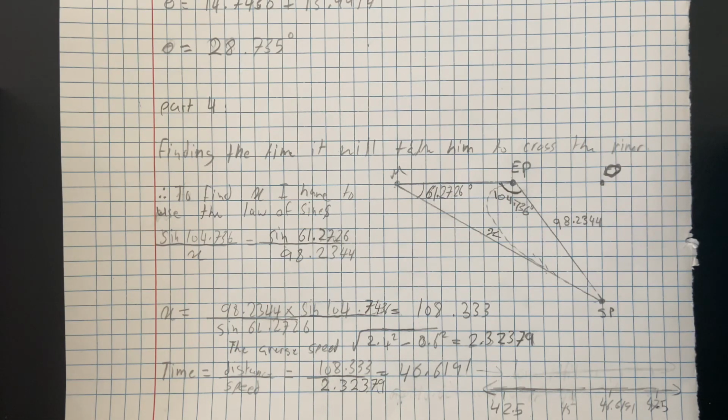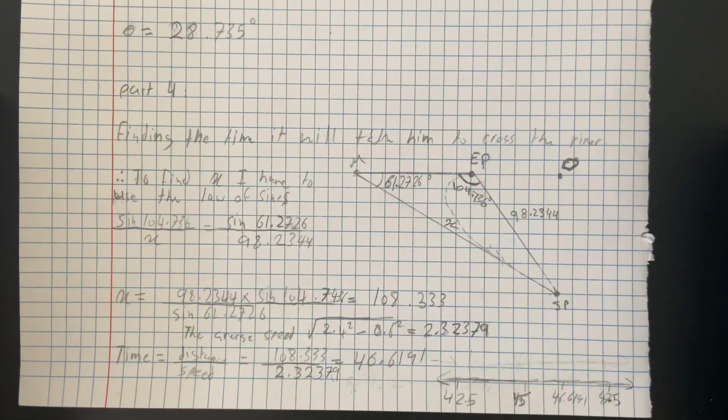Now we will use the distance and his speed to find the time it took him to reach the endpoint. So 108.333 divided by 2.32379 is equal to 46.6191. The coach predicted that Christopher will not take more than 45 seconds.